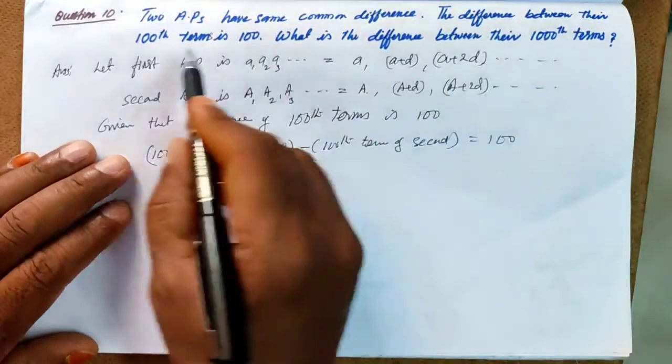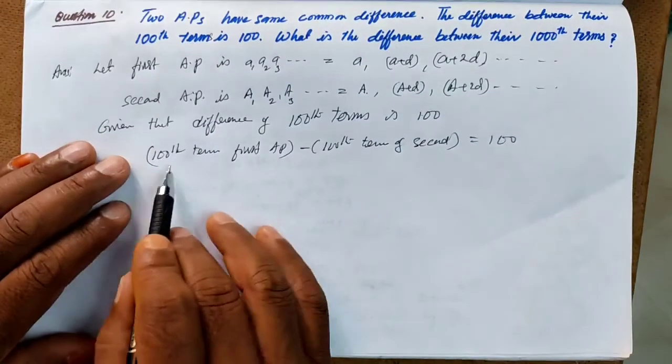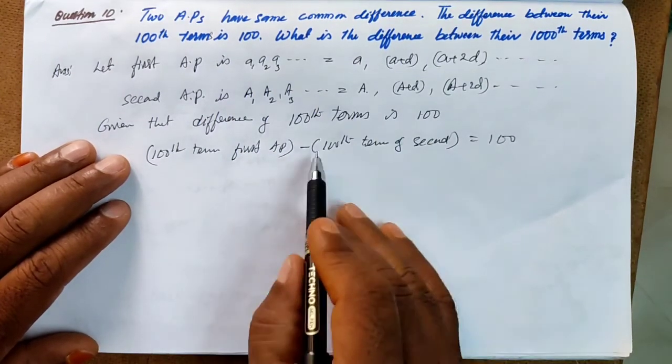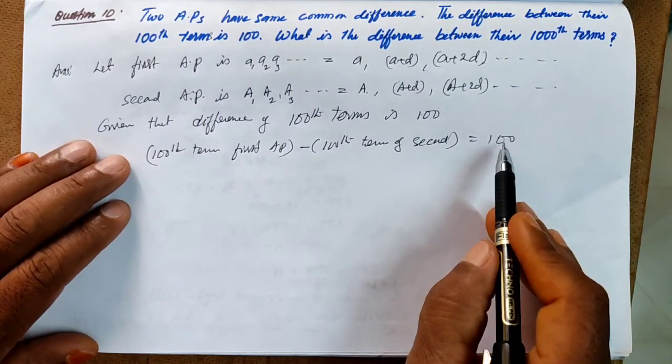The difference between their 100th terms is 100. So the 100th term of the first AP minus the 100th term of the second AP is 100.